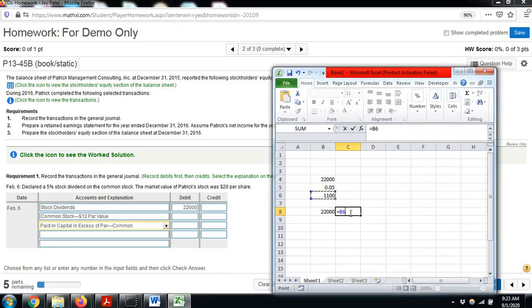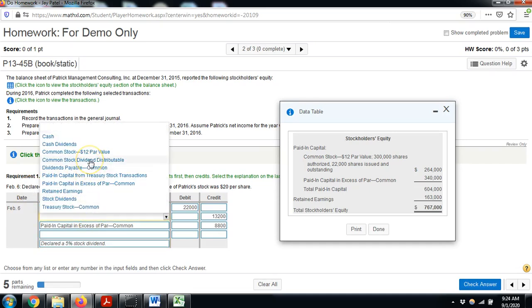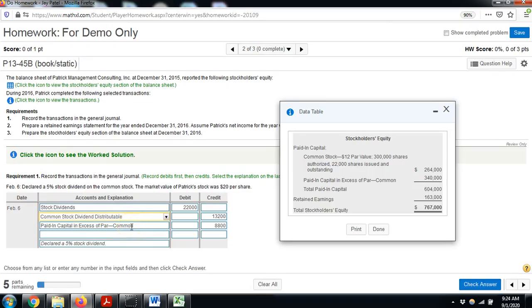So if we do 1,100 times the par value of 12, and then the remaining amount is basically just 22,000 minus this 13,200 is excess paid in capital. So hold on, I think I messed this up because this is just the declaration date. So we have common stock dividend distributable, and the rest of it is okay. So let's check. Okay.